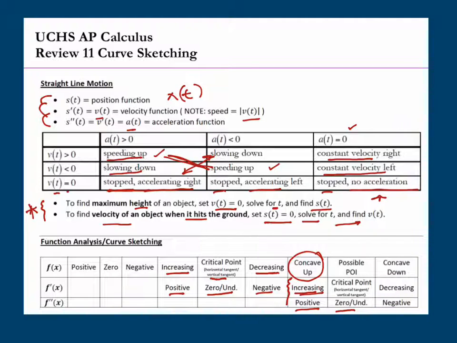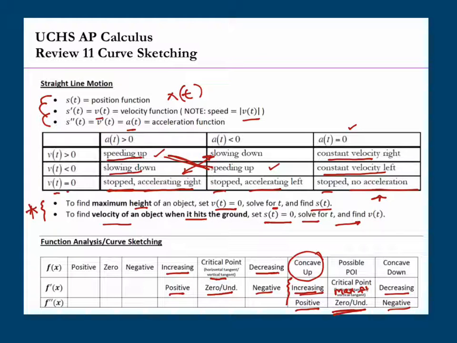This is a maximum of the first derivative. We have a 0 or undefined slope. And concave down, it would be decreasing and negative.